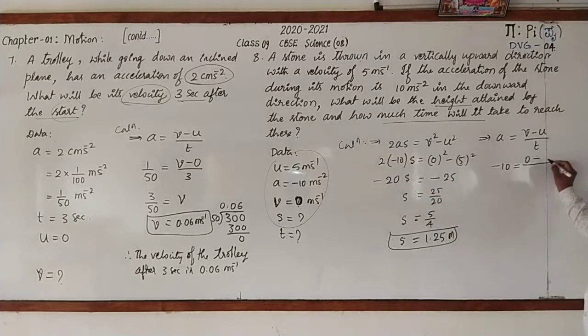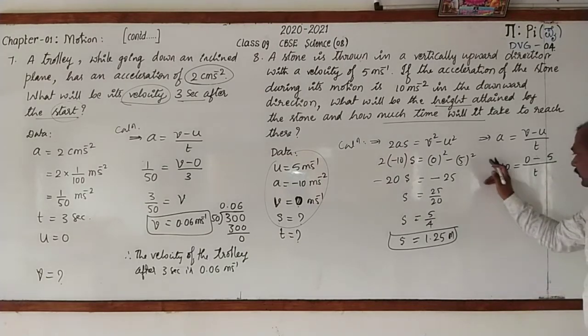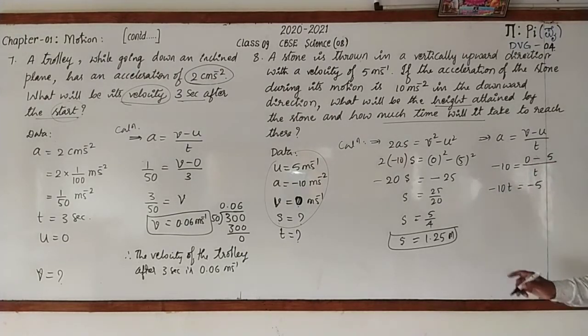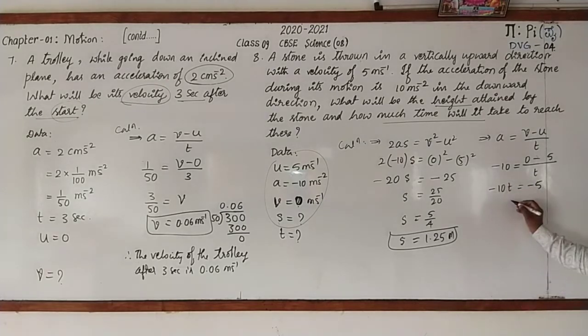U, initial velocity, 5. Time is unknown. Go for cross multiplication. It is minus 10t is equal to 0 minus 5, minus 5. Minus minus get cancelled. t is equal to 5 by 10, which means 1 by 2, or 0.5 seconds. t is equal to 0.5 seconds.